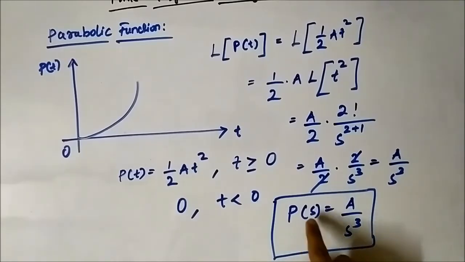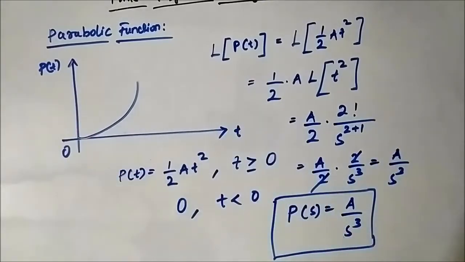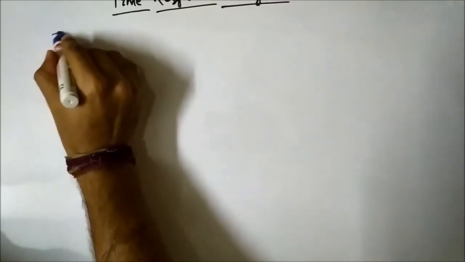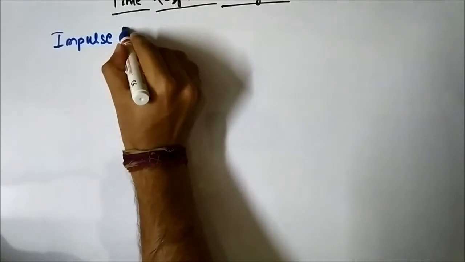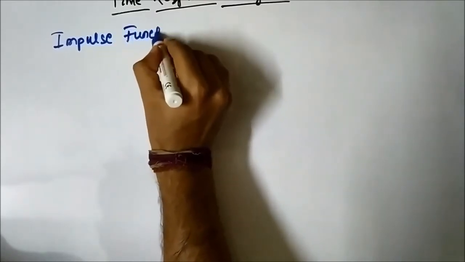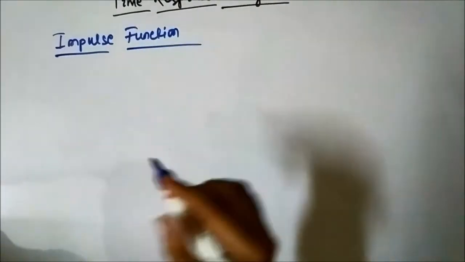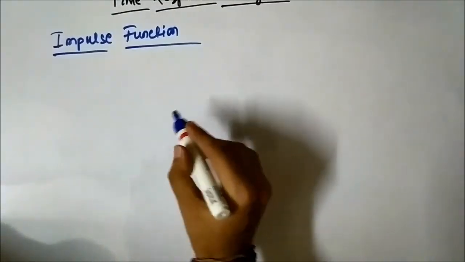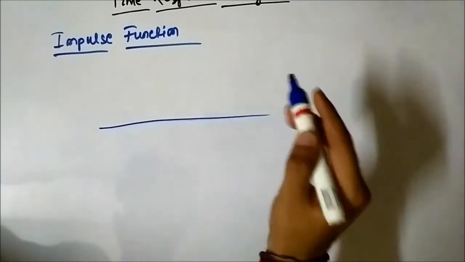Always remember the transforms of the various basic signal functions: the step, the ramp, the parabolic, and next we'll discuss the impulse function. So the next signal function which is used is the impulse function. It is a very special signal function in terms of its characteristics.